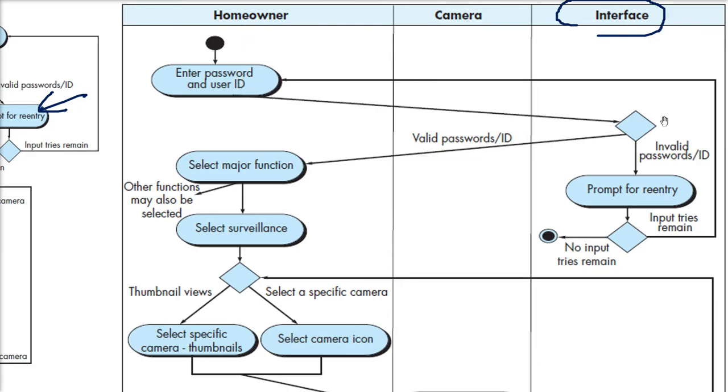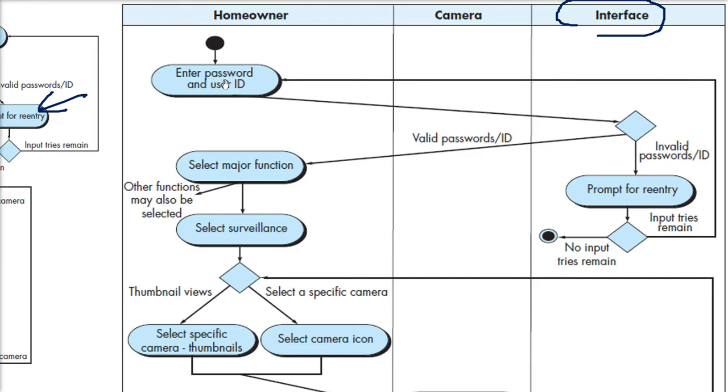But if the password is invalid, the interface takes over, and that will be the prompt for re-entry. And it will go back to the homeowner if it is expecting again. So valid, select major function; invalid, the interface will reprompt again. Say you have allowed the user 5 attempts, so this will go for 5 times.